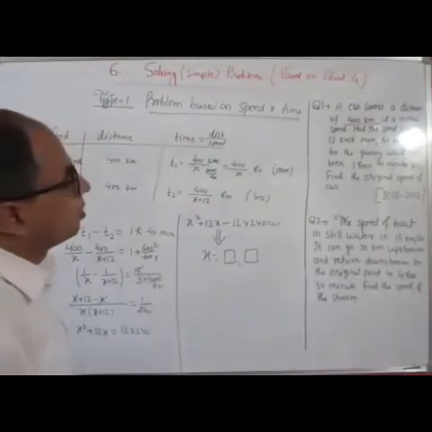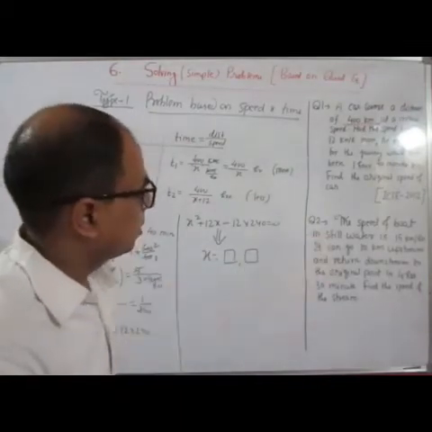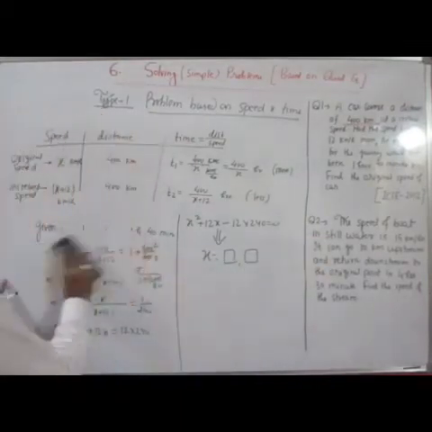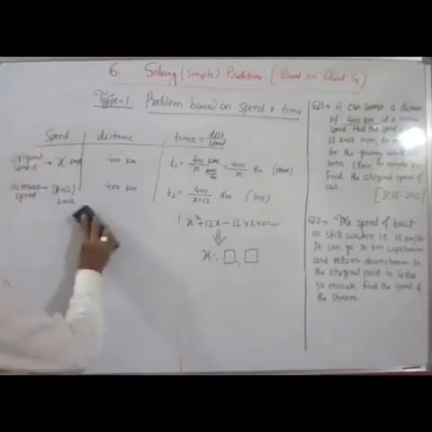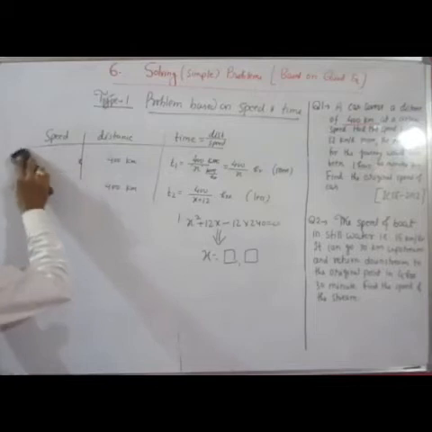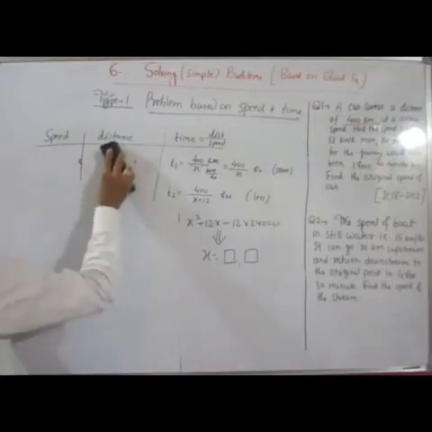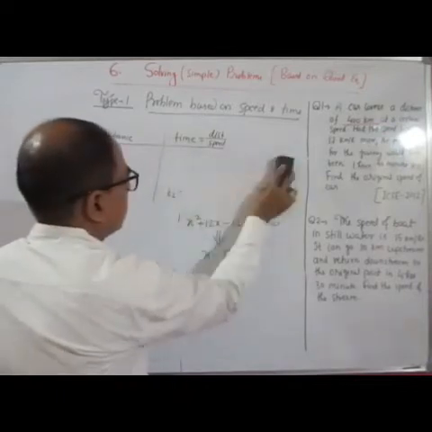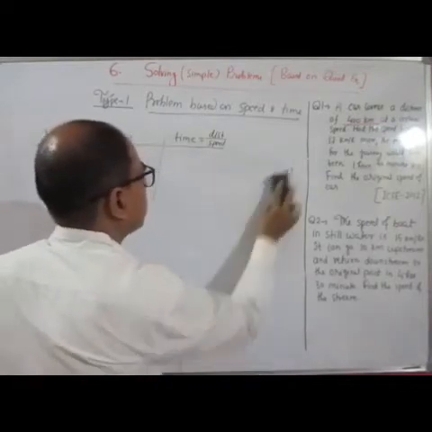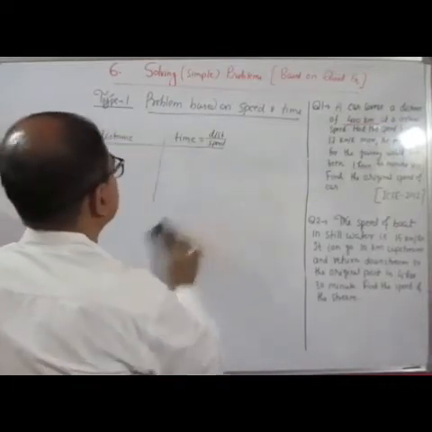Now let us consider the second equation. I am not solving the equation in this chapter because we already know how to solve it. So using that you can solve the equation.